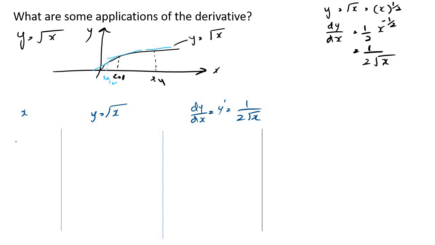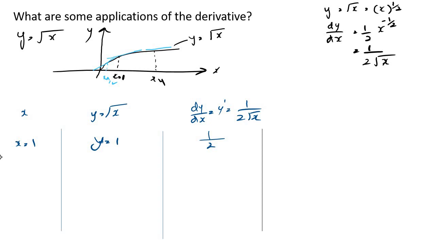When x is equal to 1, we get the location on the y-axis by substituting x into this equation: when x is equal to 1, y is equal to 1. Then if you want to find the angle this line makes with the horizontal, that's the gradient, we just substitute 1 into the derivative. When you substitute 1, you get half. That's the gradient at x equals 1.